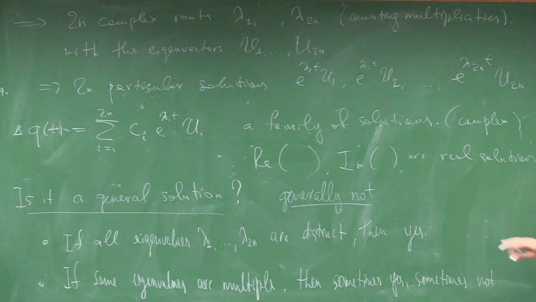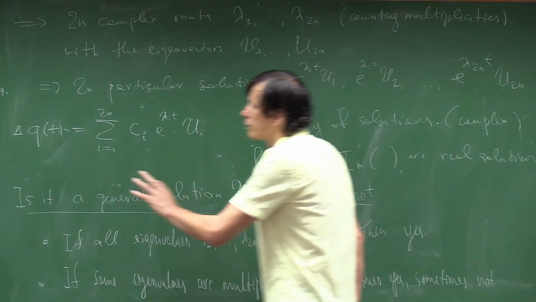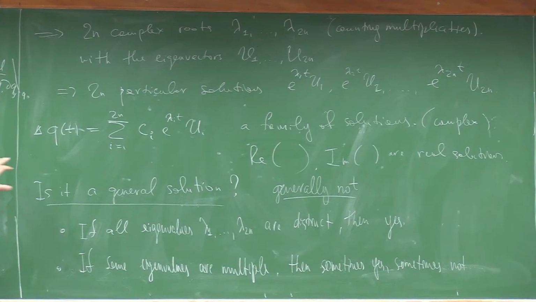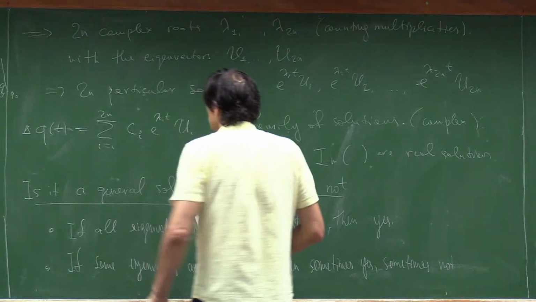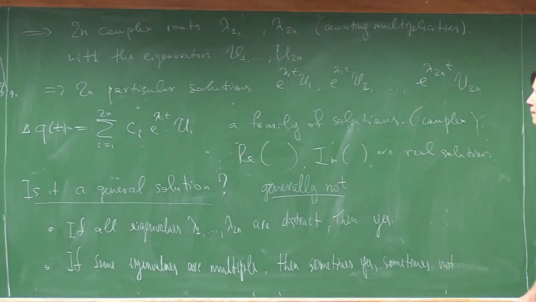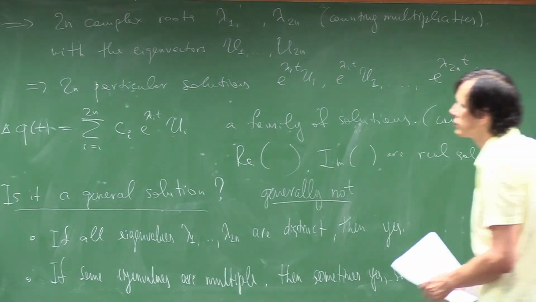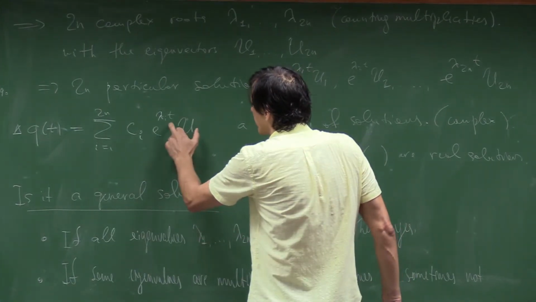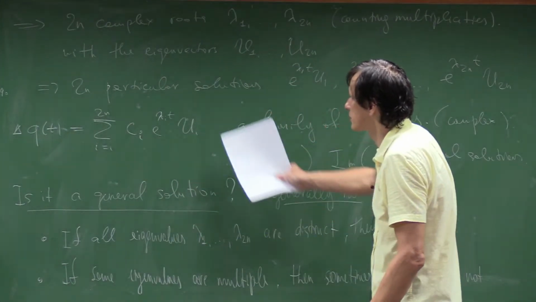I'm not going to prove these two things because it will follow from what we do next. But the idea is that you can follow the same approach as we did in the conservative system and form the solution as a sum of these particular products of exponent of the eigenvalue times time by eigenvectors, taking the sum.